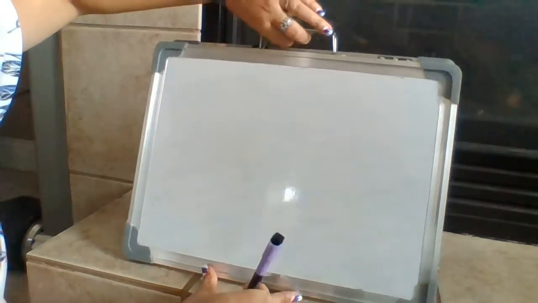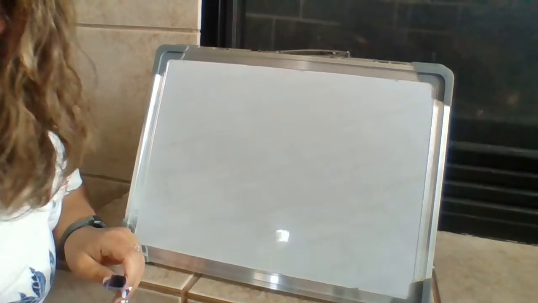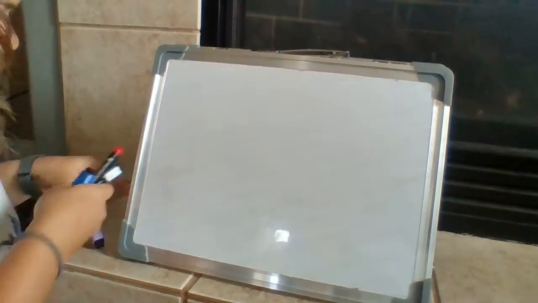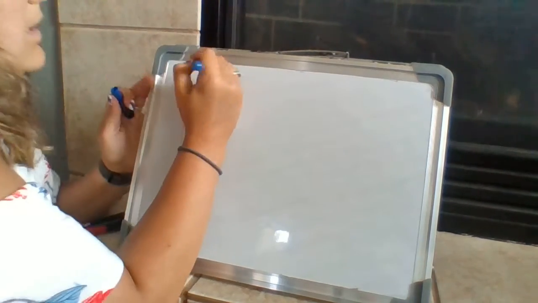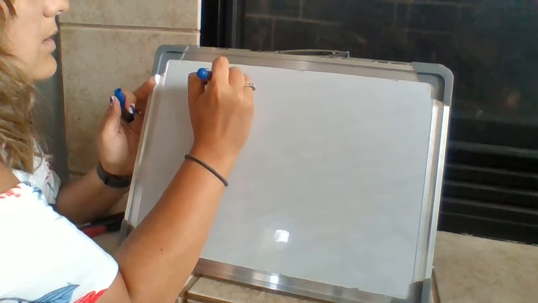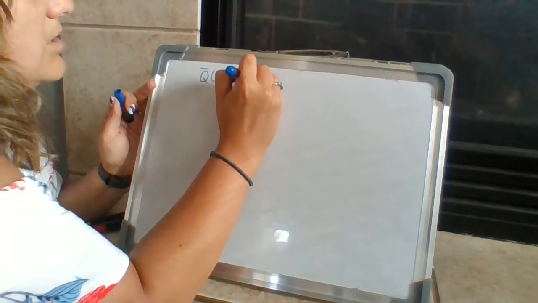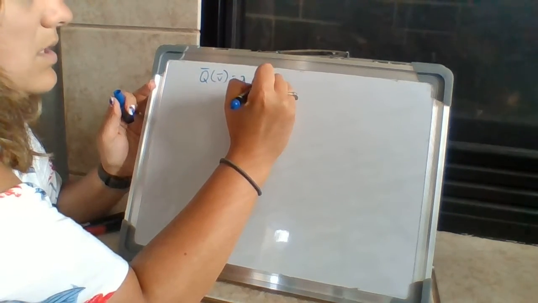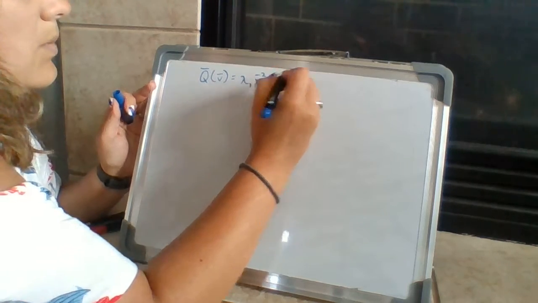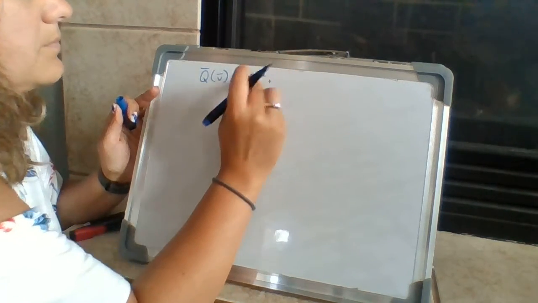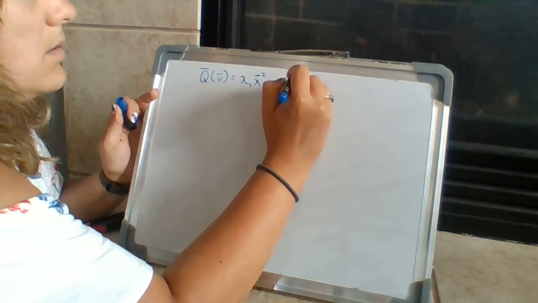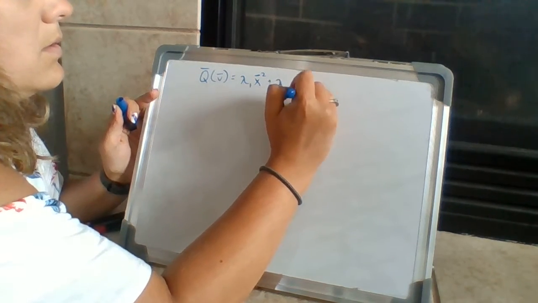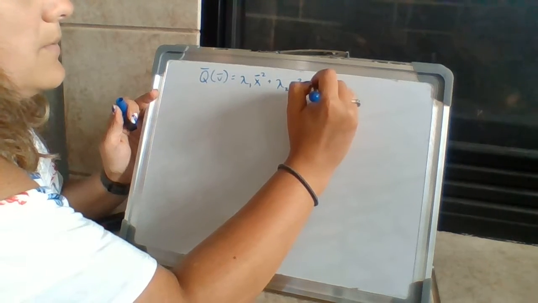Using that, very handy, I can now come up with a quadratic form using the eigencoordinates. And what this looks like is just using my lambdas multiplied by my vectors squared.